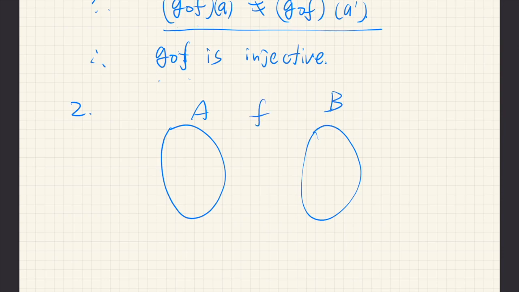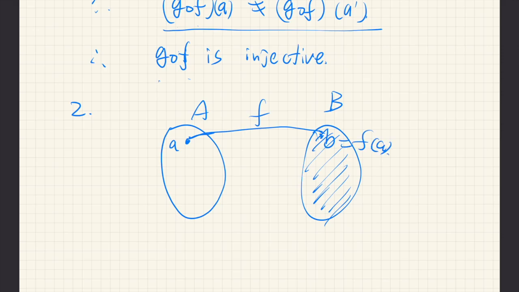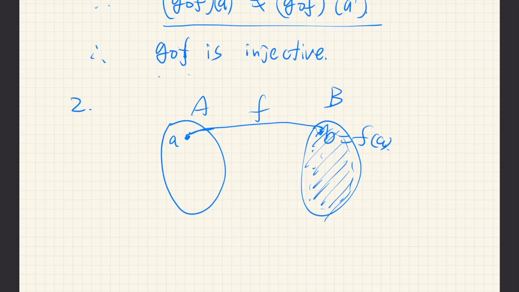Surjective means that everything in B has some corresponding counterpart in A. So for every element in B, there is some element in A such that f of A is equal to B, so that we can find such an element in A for every element in B. Okay? So that's the definition of surjection.